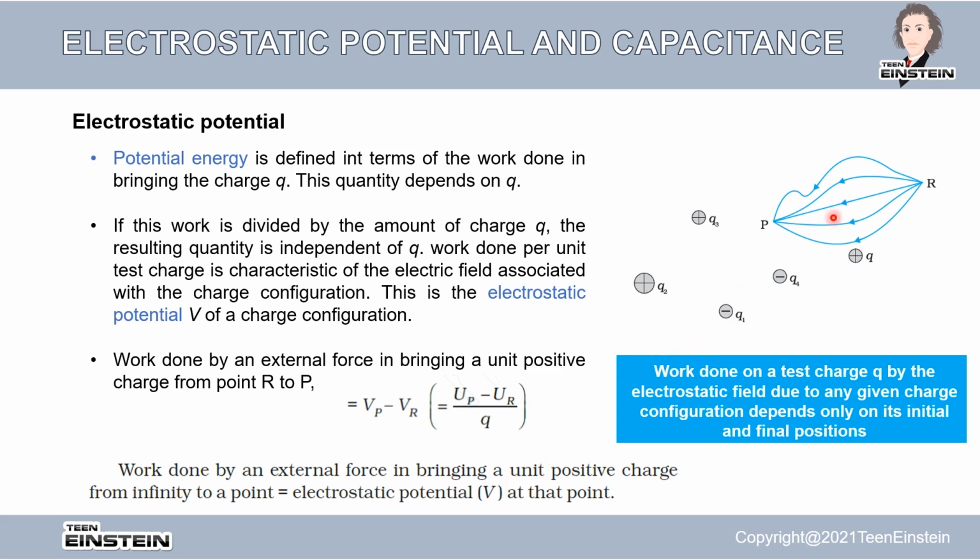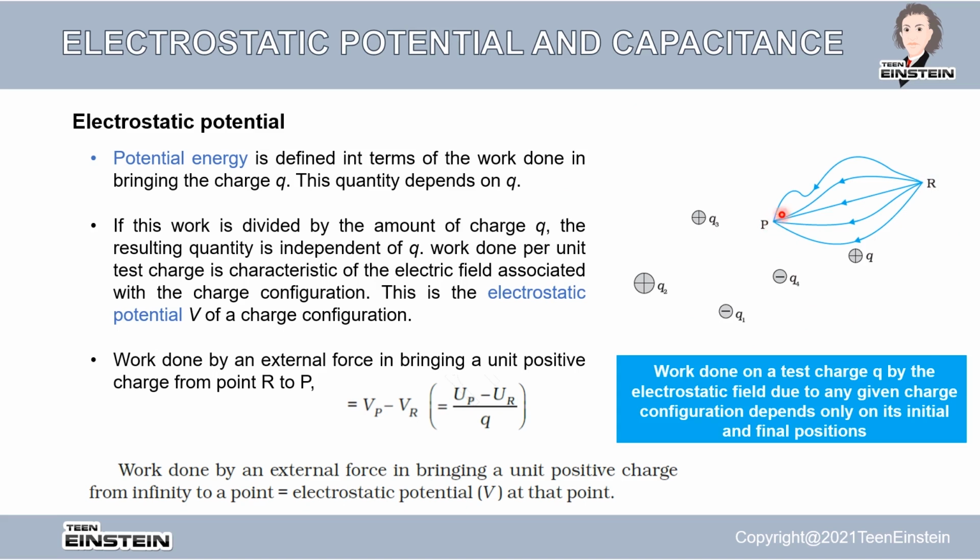Here is a representation of how the work done on a test charge q by the electrostatic field due to any given charge configuration depends only on its initial and final positions and not on the path taken. For example, if this is a particular charge configuration exerting a field at all the points, and we know how to calculate this field, then bringing a charge from a point R to a point P requires some work.